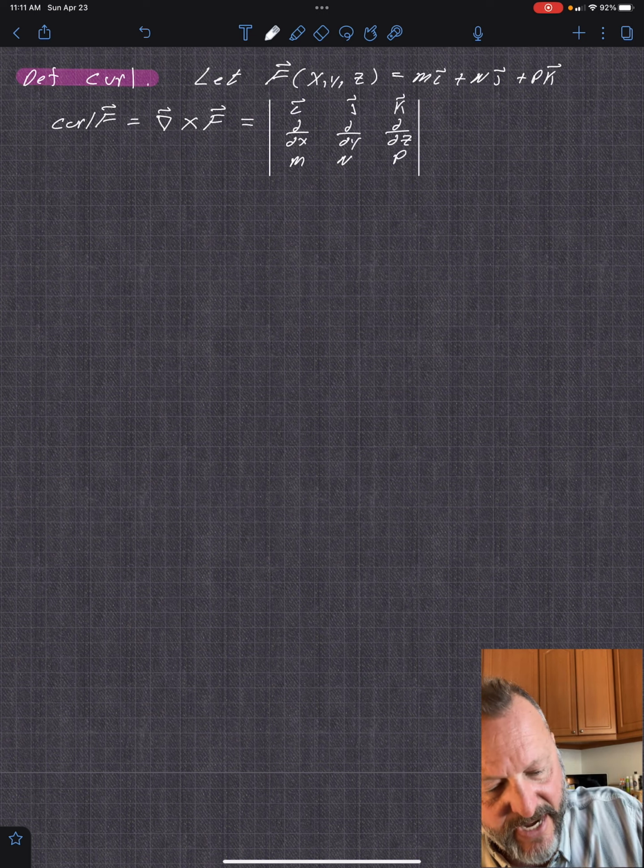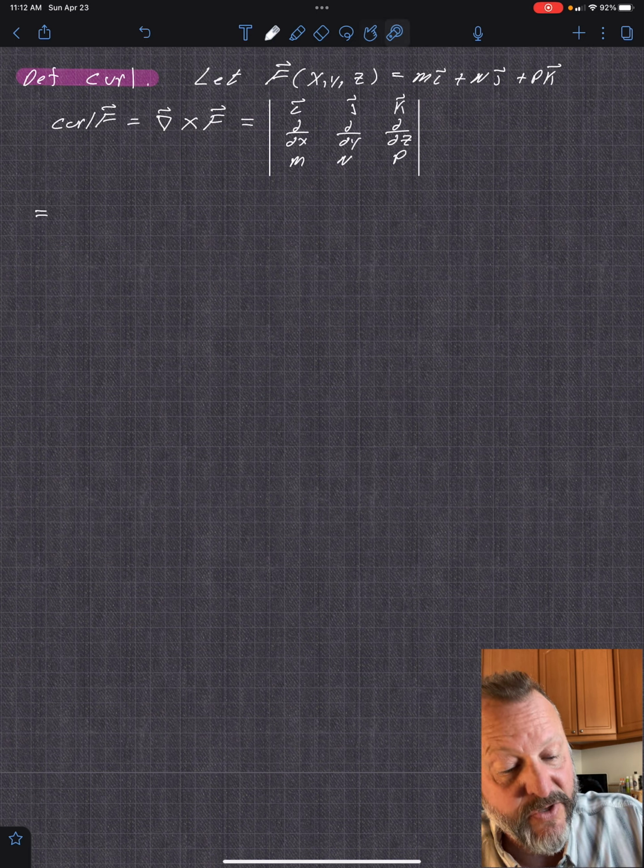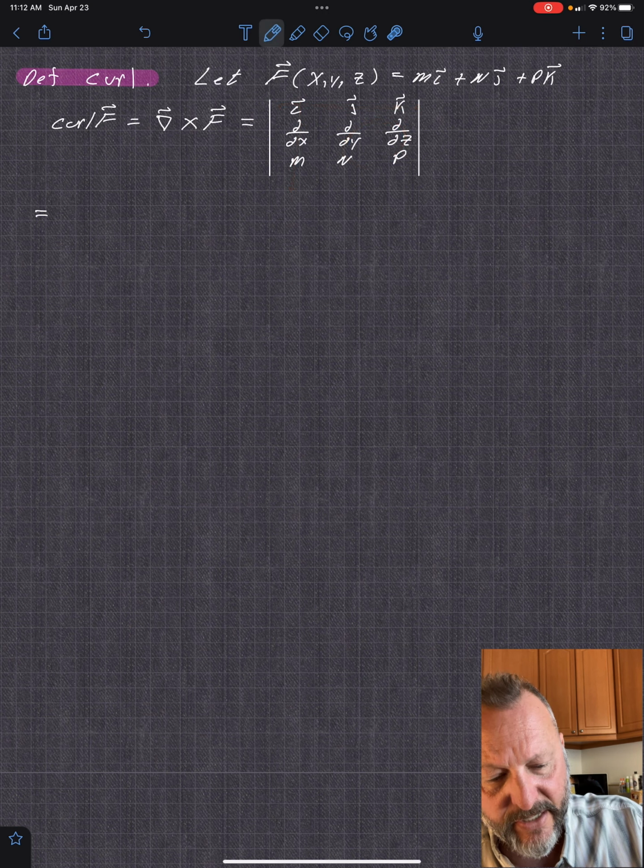But that is equal to, and then let's go ahead and calculate it. You do this and this, so it's i, and then that determinant, etc. So I'll just write it out.